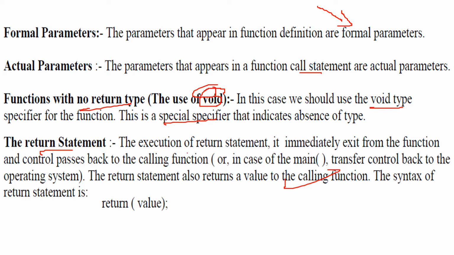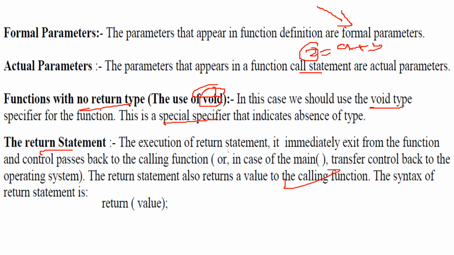Then we have the return statement. A function does some work and gives you a value, say it is adding a plus b and returning some z. So this z has to be returned back to the main function, because a function is just a block of statements which does some work, so it has to return some value.